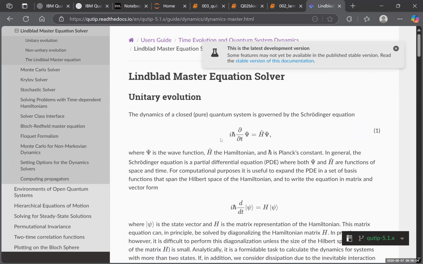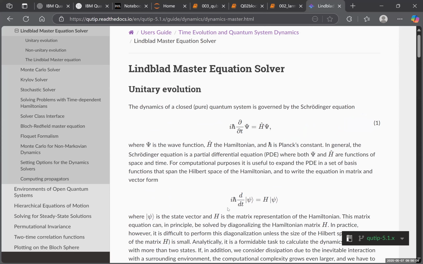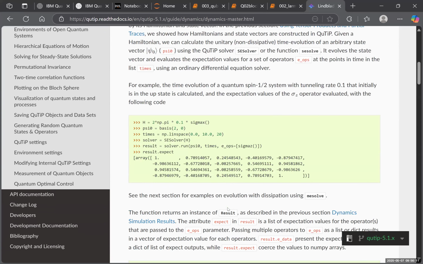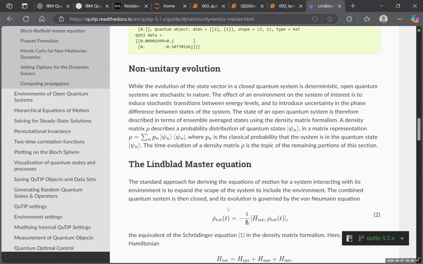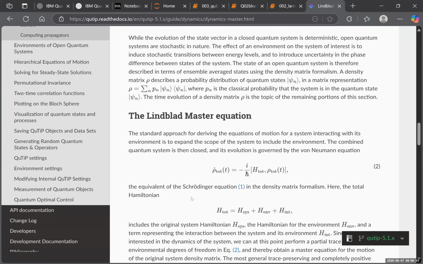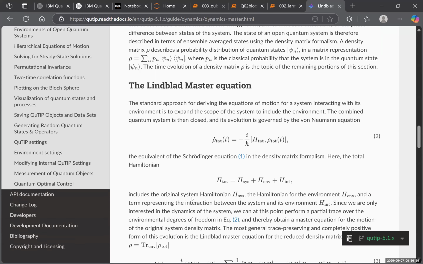So this is the physics behind that. So this is the Schrödinger equation, which is unitary. We have seen things like that. And non-unitary evolution is basically described as a system coupled to the environment, and you trace out the environment. So you write the system evolution, but with the influence of the environment described as a jump operator.